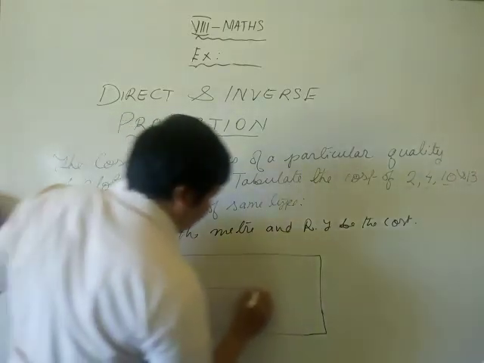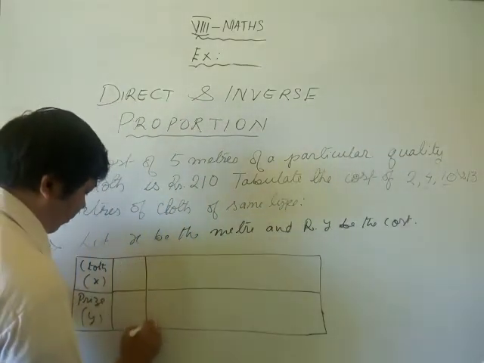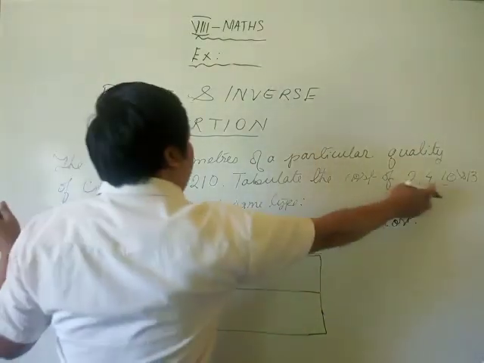Then we are going to calculate it. First of all, we will start from the smaller one. This meter: 2 is there, 4 is there, before is 5.